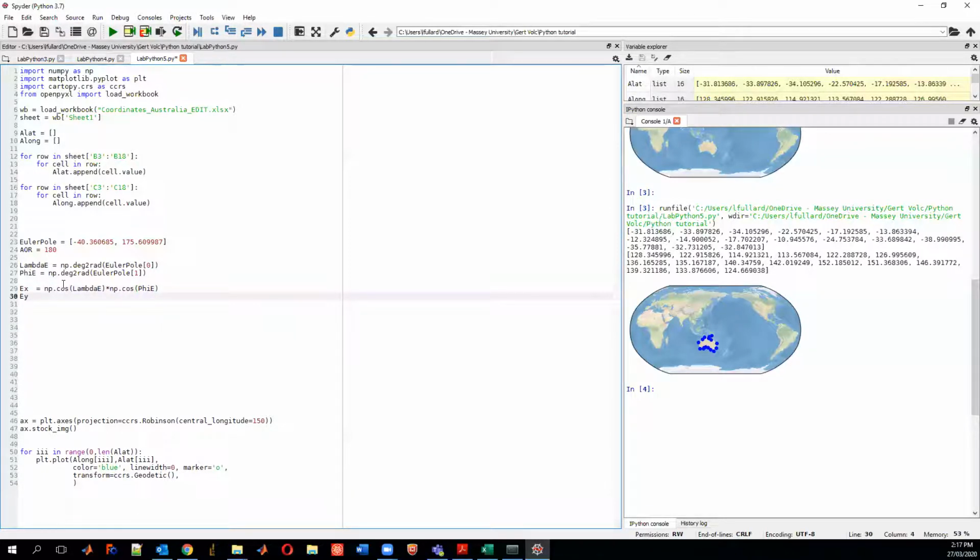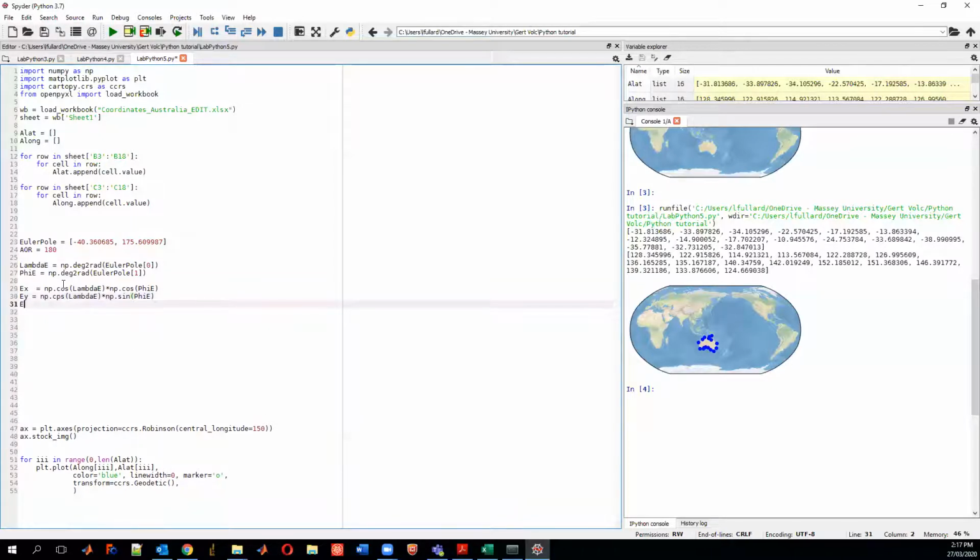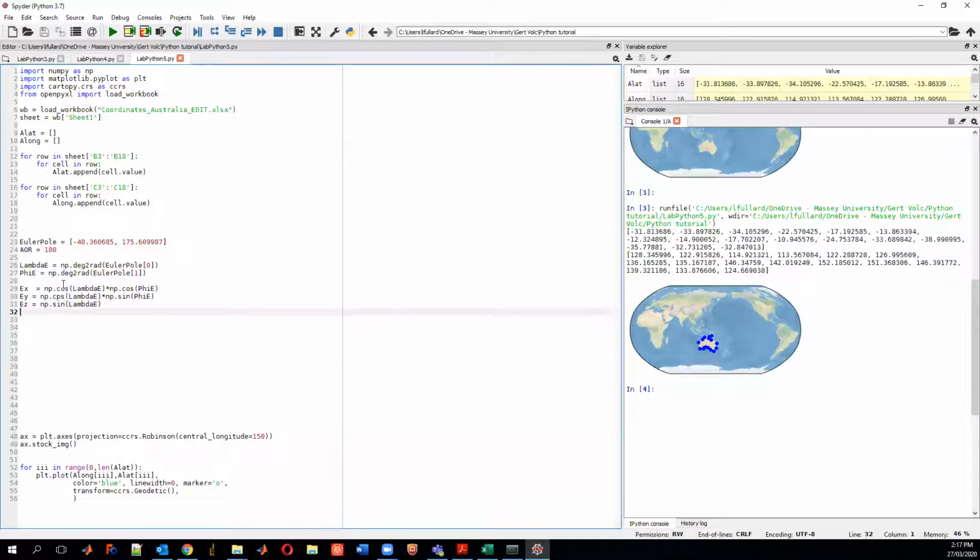For the y component, we take the cosine again of lambda e, but here we multiply it by the sine of phi e. And finally, the z component of my Euler pole is numpy dot the sine of lambda e. It's really easy to make a mistake in this step, using a cosine rather than a sine, or a sine rather than a cosine, or just misspelling cosine.